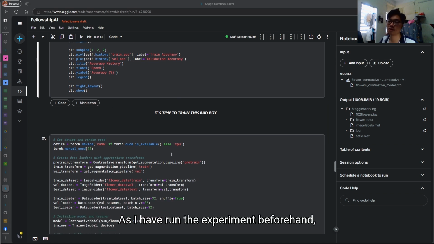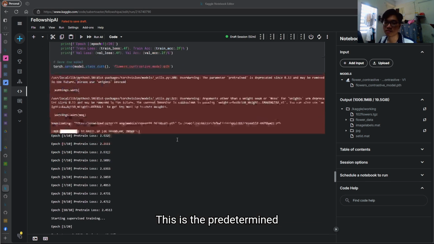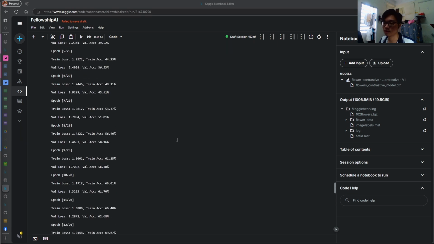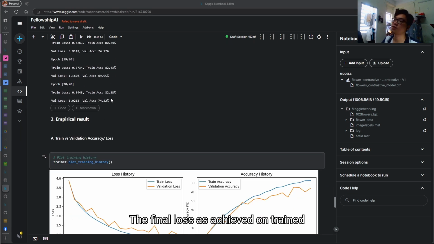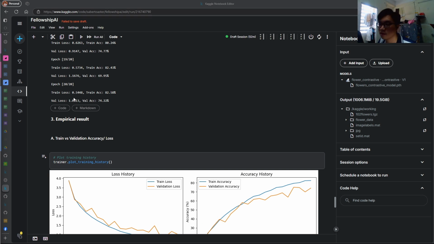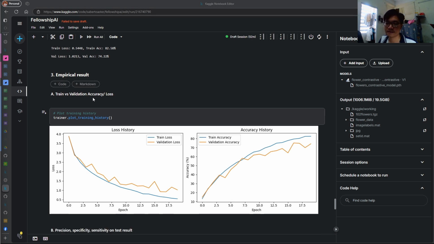As I have run the experiment beforehand, these are the predetermined results. The final loss I've achieved on the training dataset is about 0.5, and on validation about 1.0, which is pretty good, I think.